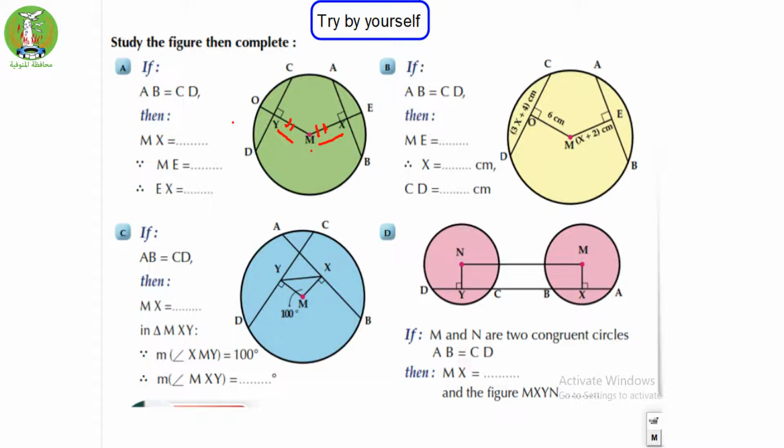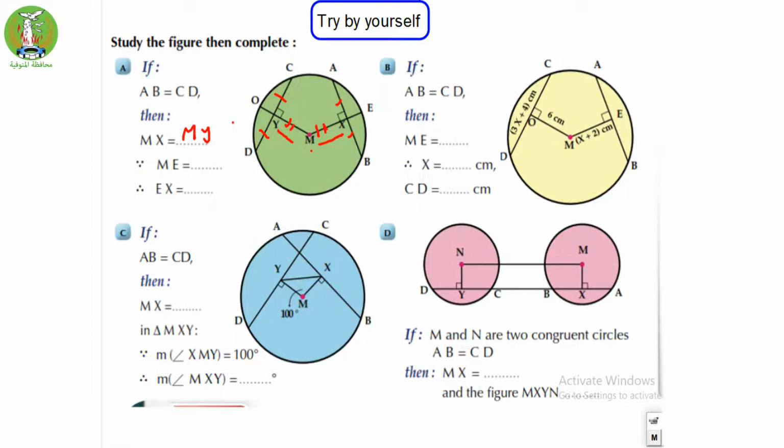And we studied before, if the line segment drawn from the center is perpendicular to the chord, it bisects it, and then Y is the midpoint here in CD, then MX equals MY.